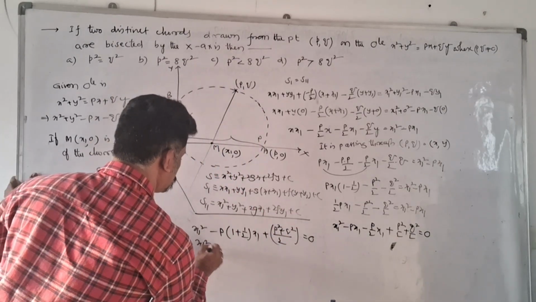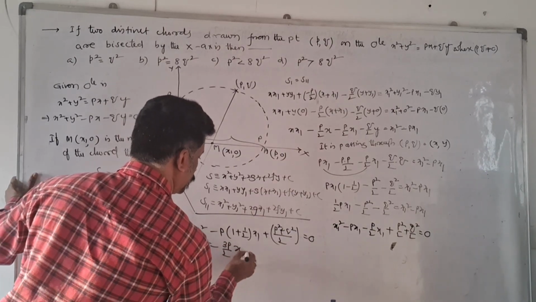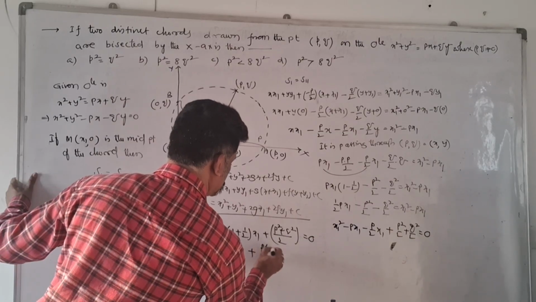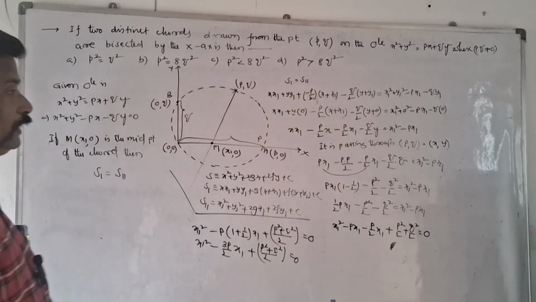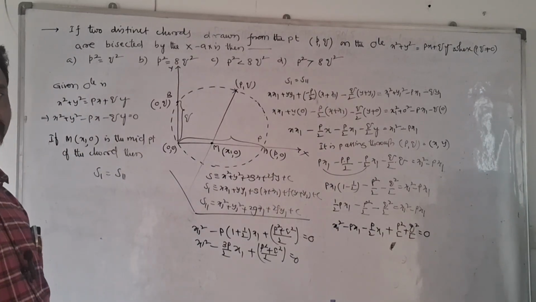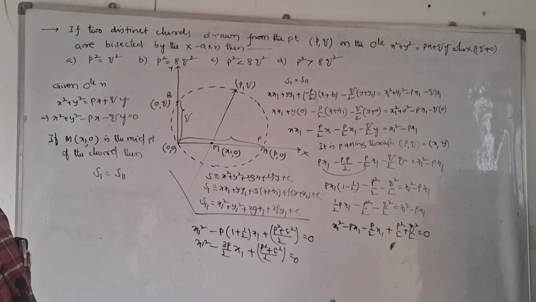Now x1 square minus 3p by 2 into x1 plus (p square plus q square) by 2 is equal to 0. It is a quadratic equation in x1. It has two roots actually.